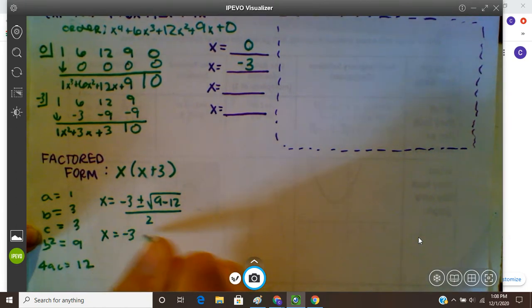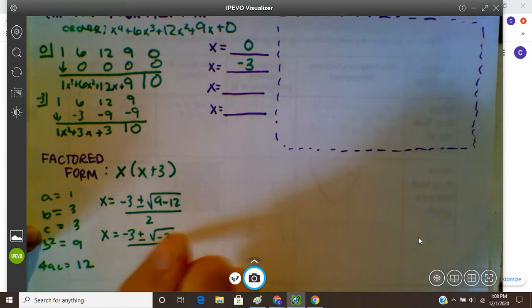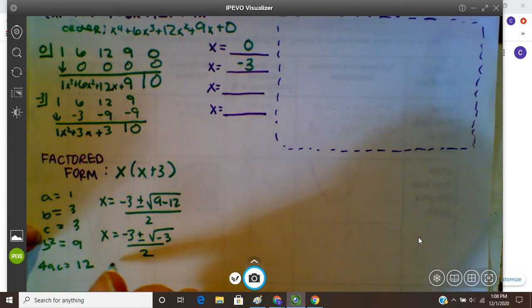Simplify that. We get a -3. We can't have negatives under the root, so we get an i.